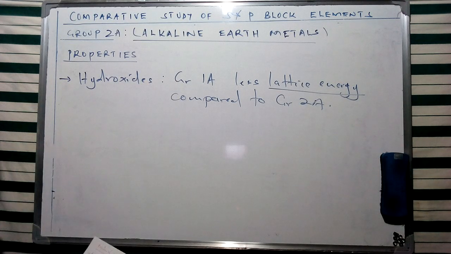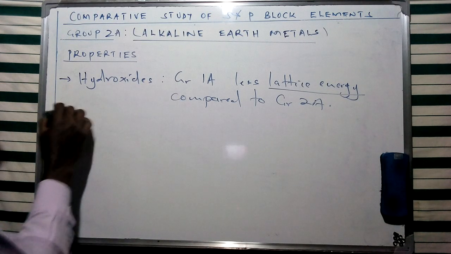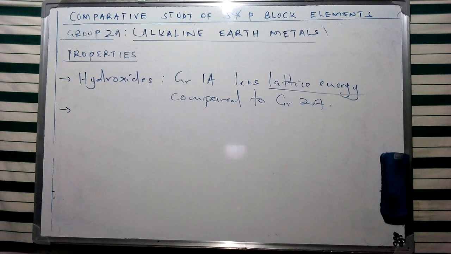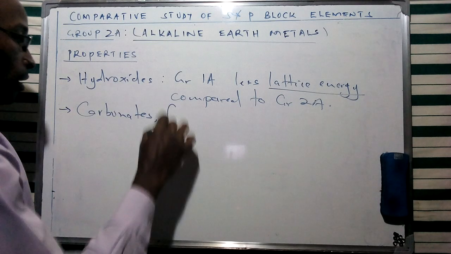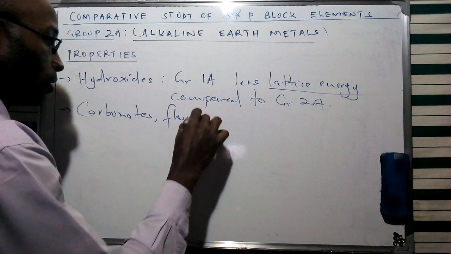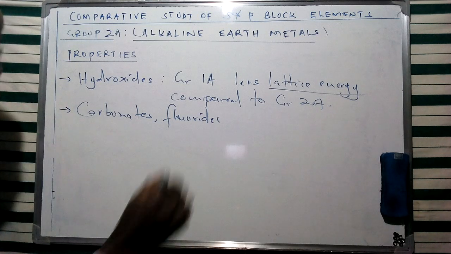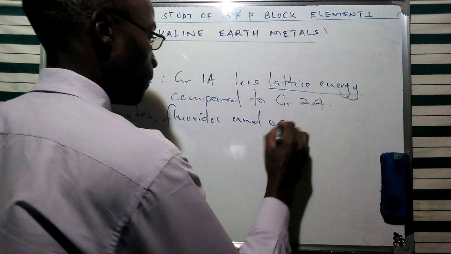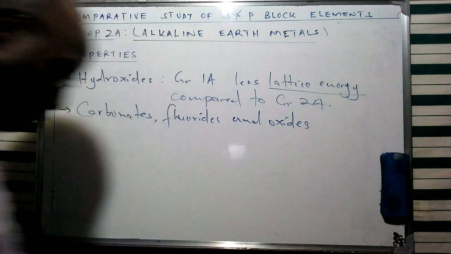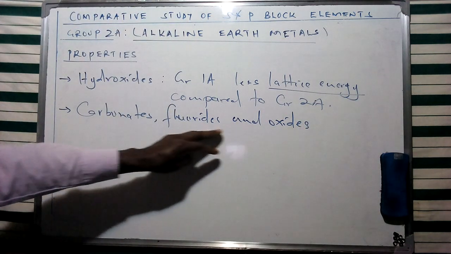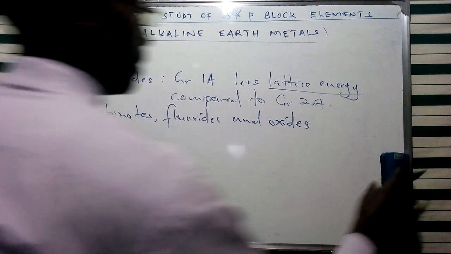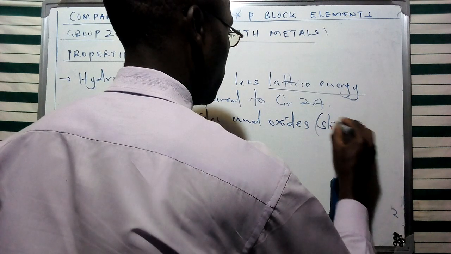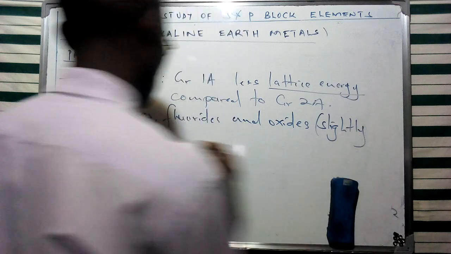In this respect as well, we're going to look at other products which are going to be formed by the group 2 compounds, which include the carbonates, the fluorides, of course, these are going to be the halides, and then we're going to have the oxides of these group 2 elements. They are going to be displaying some kind of solubility, which we're going to describe as slightly soluble.